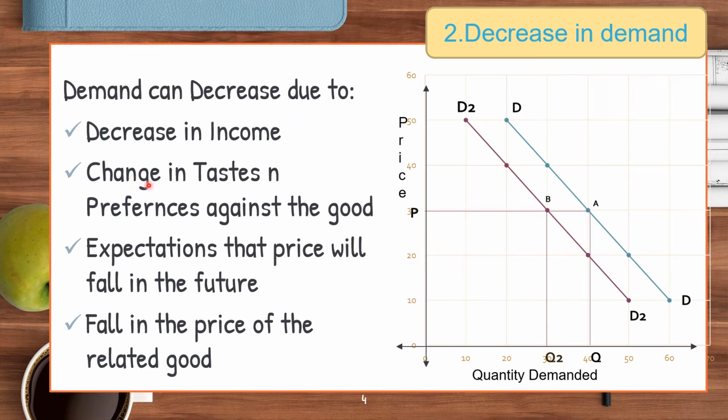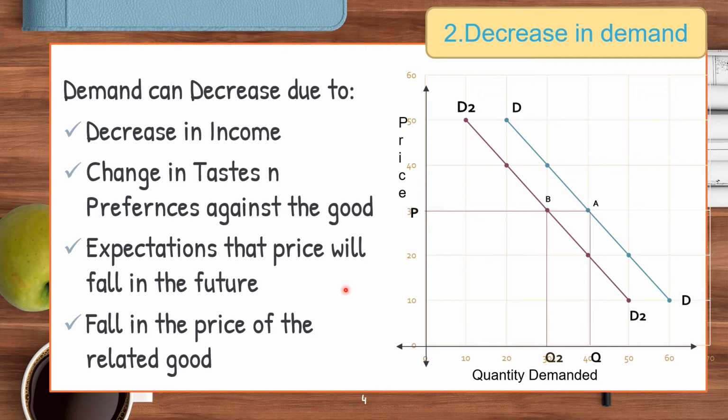It can decrease due to change in tastes and preferences against this good. So you may suddenly develop a dislike for this good, or maybe you may just decide to quit consuming this good to the extent that you were doing earlier, and so you would decrease your demand at the same price if your tastes and preferences change.